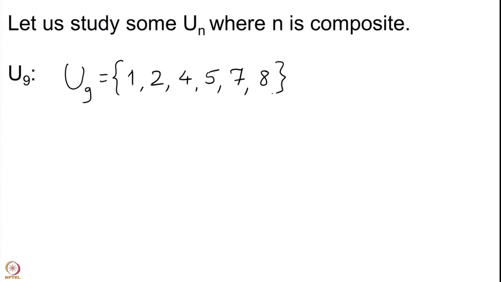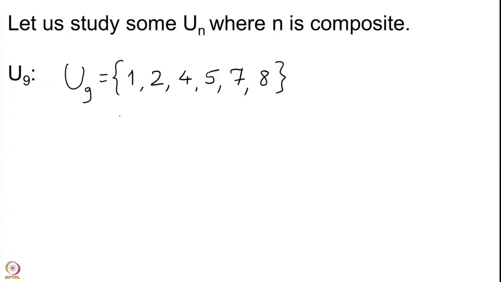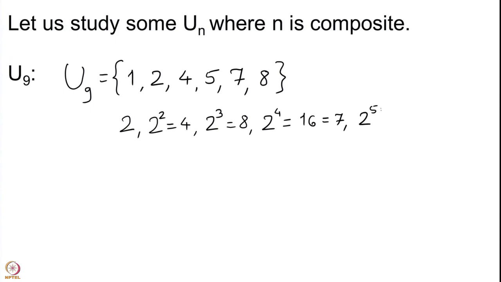Let us try to find orders of elements in the group U_9. Suppose we start with 2. 2 square is 4, 2 cube is 8, 2 raised to 4 is 16, but you are modulo 9, so this is 7. 2 raised to 5 is now 14 because it is 7 into 2, but modulo 9, 14 is 5, and then we get 2 raised to 6 which is 10, this is also 1.